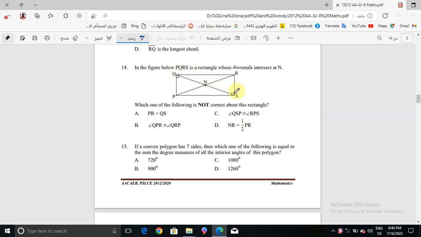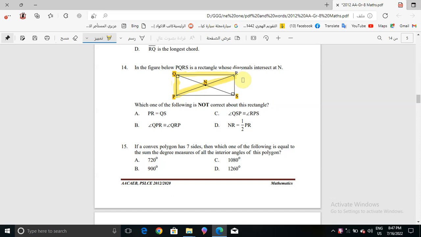Yes, it's correct. Okay, in choice B, the angle QPR is similar to QRP.